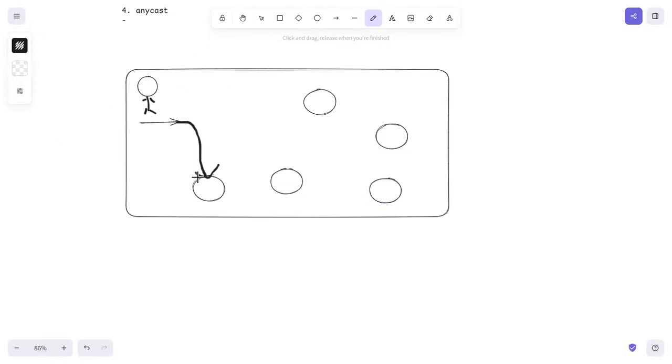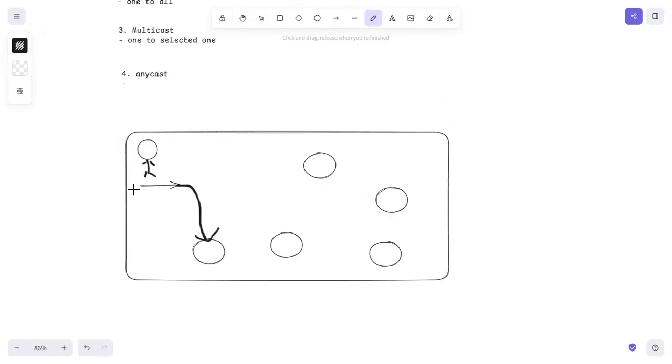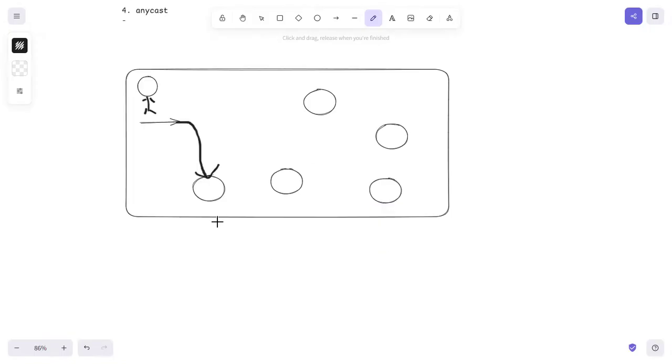This is Anycast. You want something, and from whoever is the nearest, you receive the thing as soon as you reach the place. Anycast means you receive it from the nearest one.